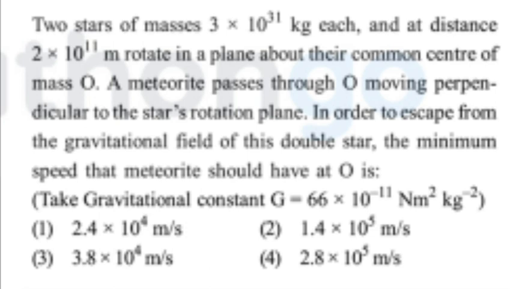In order to escape from the gravitational field of this double star, the minimum speed that the meteorite should have at O is: options 1) 2.4 × 10^4 m/s, 2) 1.4 × 10^5 m/s, 3) 3.8 × 10^4 m/s, and 4) 2.8 × 10^5 m/s.